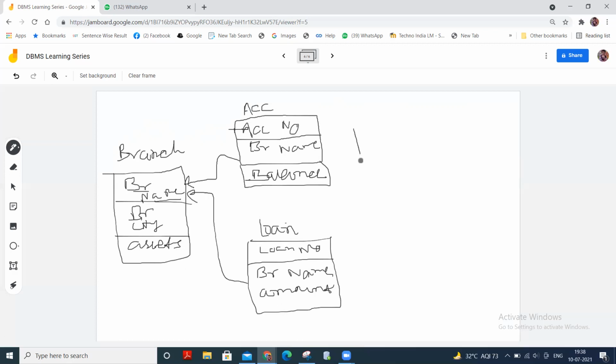So the next one can be the depositor. Okay, so it is customer name and account number. So next can be borrower.